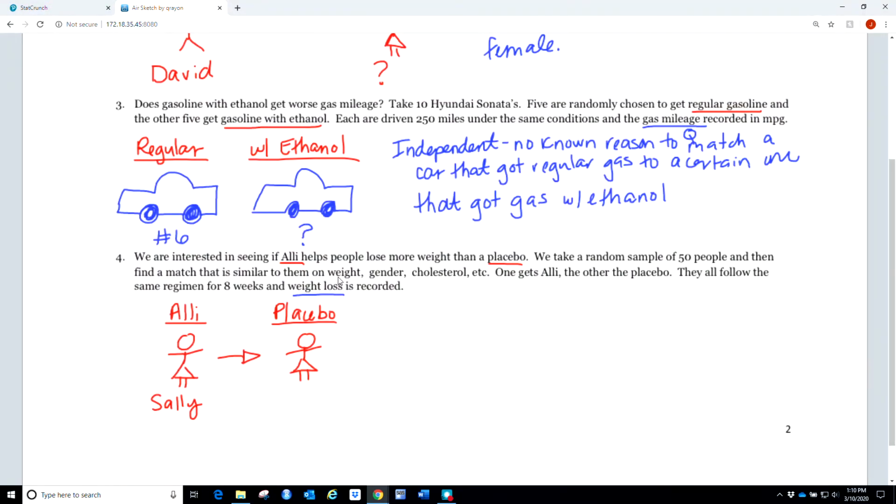They have to be similar to her on weight and cholesterol. So I couldn't just sample any woman I wanted here. I would have to sample someone who is technically Sally's match on all those other variables that we just discussed. So because I can't just sample anybody that I want there, or any woman even that I want there, this one's going to be a paired sample because for each person we found a match who is similar for comparison.